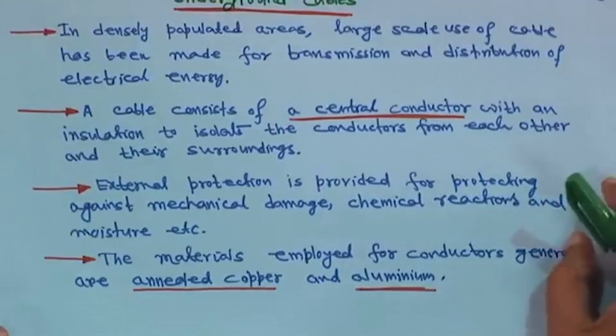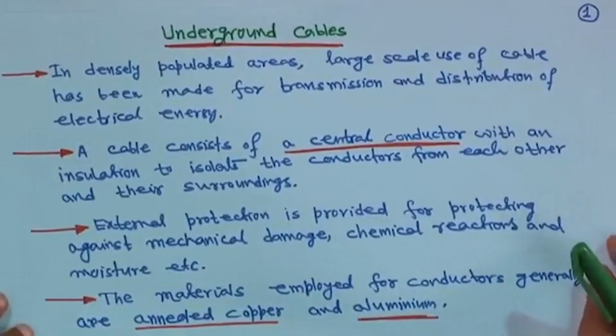So, next let us come to cables. Underground cable is a very big chapter. I have tried to condense it as much as possible, particularly the number of diagrams, because I found in the literature that underground cables is not a small topic, it is a very big topic.